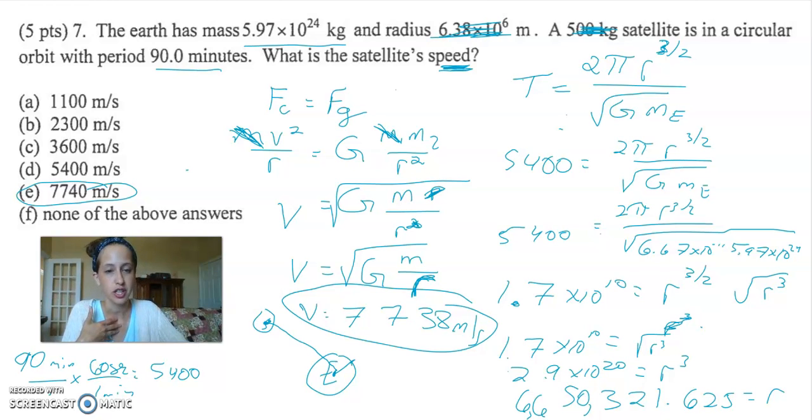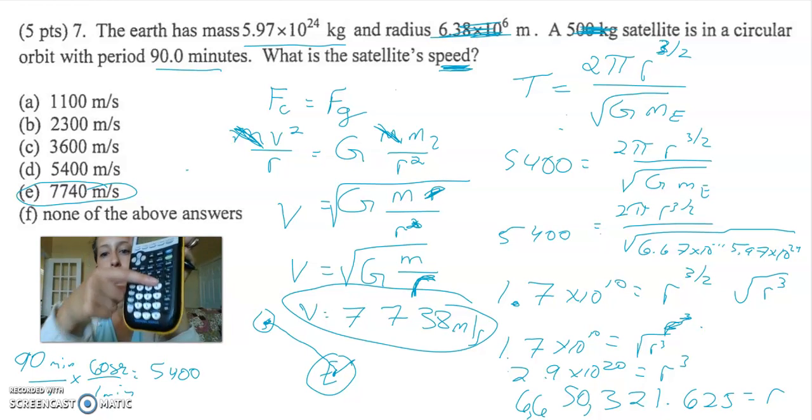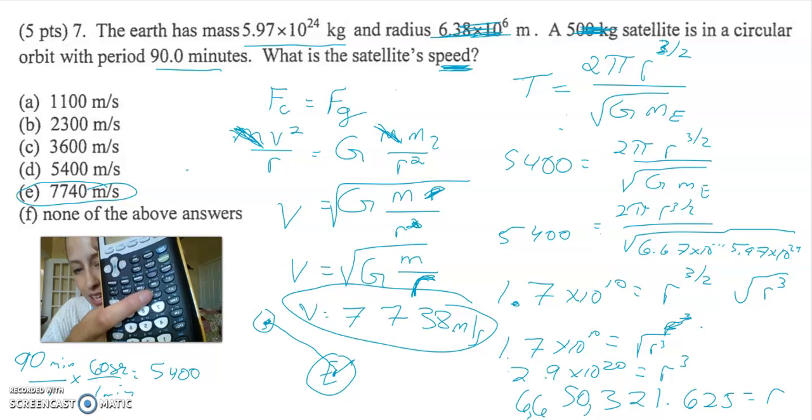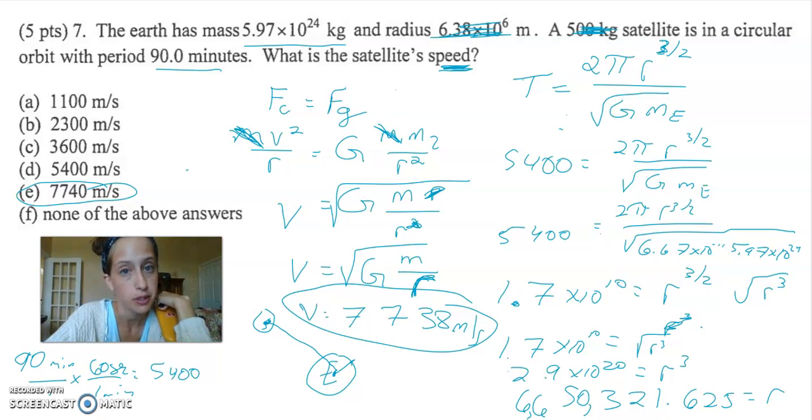What else is tricky? There's exponents and scientific notation. If you are not typing in your calculator using this E button where the comma is, you see that EE? That is the fast way to type numbers in scientific notation. It is worth taking a second and learning how to do that, especially if you're an engineering major or any science major really.